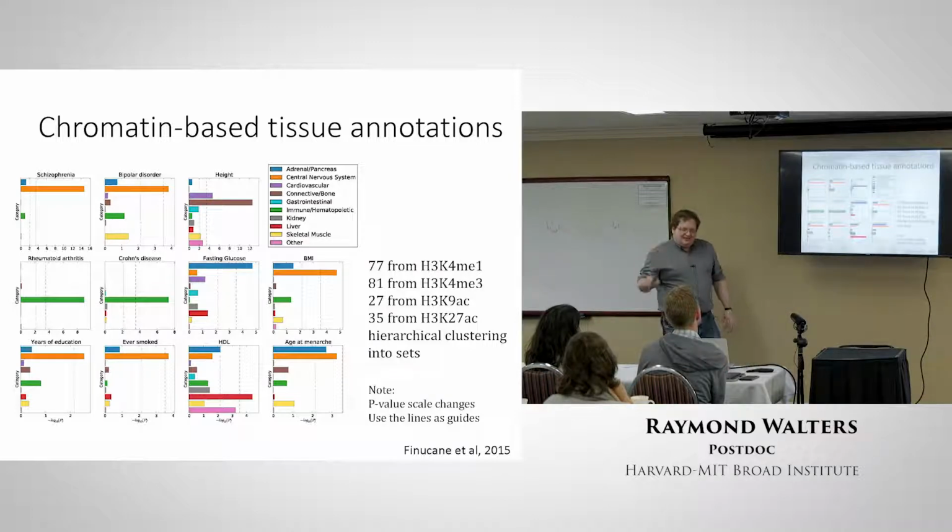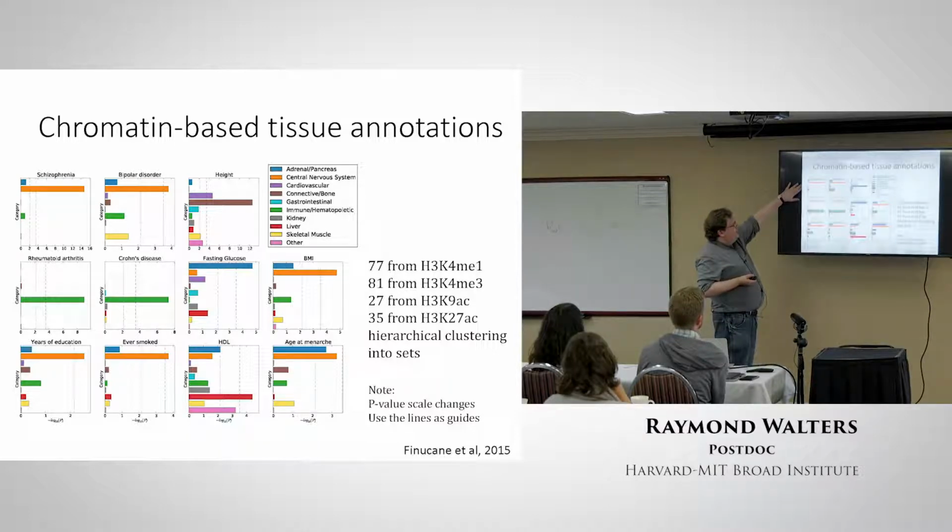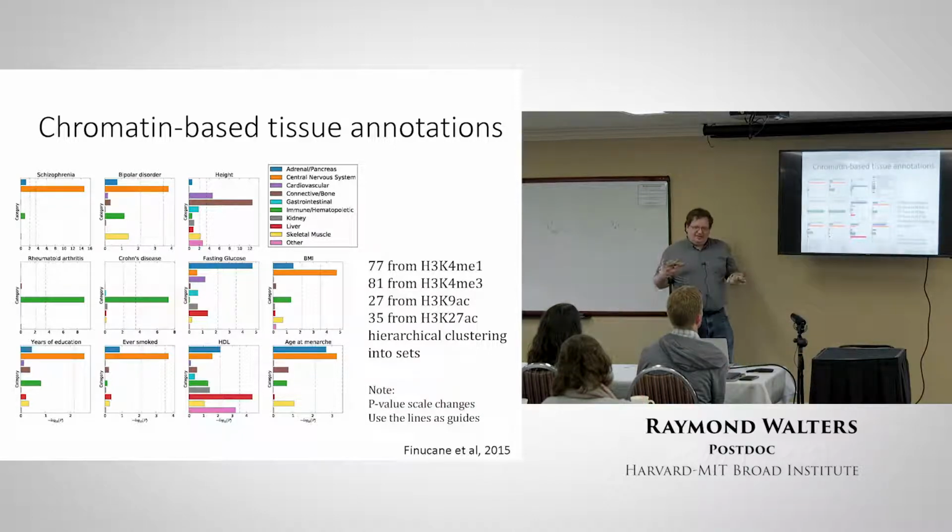But at the end result of that, with the annotations that were put together, what we have is that, for example, if we look at the schizophrenia GWAS, and we look at an annotation that is, again, a binary annotation of, is this a region of the genome that is generally, based on these histone marks, active in central nervous system?